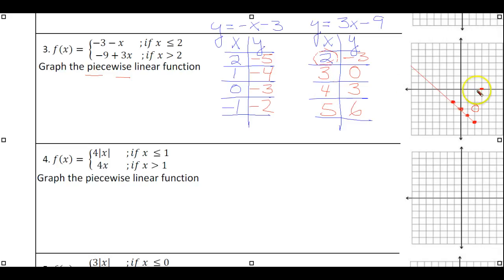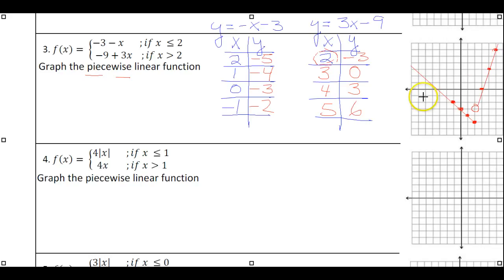And then 4, 3, 1, 2, 3. And then 5, 6. So this line then looks like so. I'm off just a little.